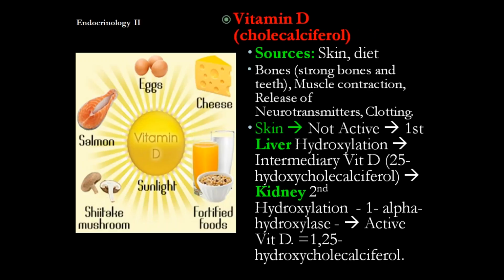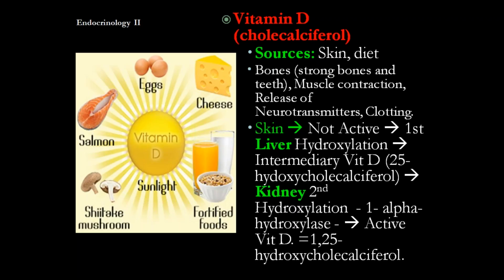All right, so vitamin D. Vitamin D is called the sunlight vitamin. It's produced by the skin, and there are two sources, skin and diet, right? Both are a provitamin. It's not active yet. The vitamin you produce in the skin is not active, and the vitamin D that you take from diet is not active yet.